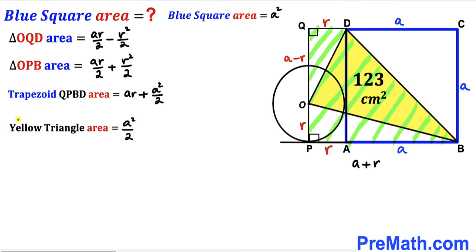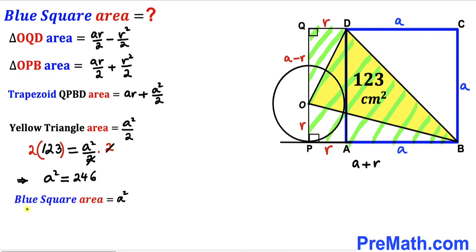And now we know that the yellow shaded triangle area has been given to us as 123 centimeters square. So therefore we can fill in the blanks. So we can write 123 equal to a square divided by 2. And now I am going to multiply both sides by 2. And here we can see 2 and 2 is gone. So therefore our a square value turns out to be 246.